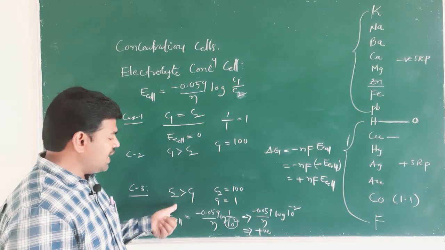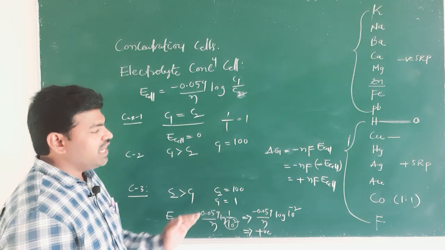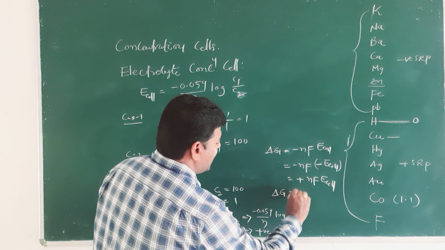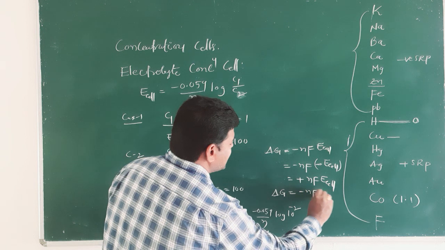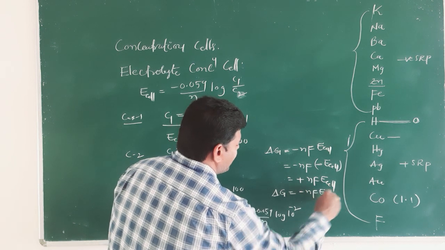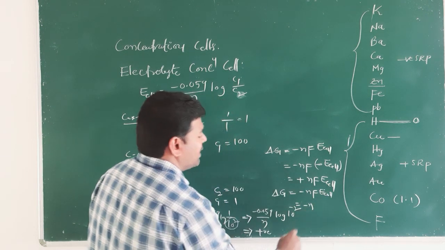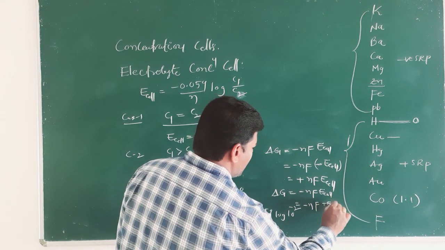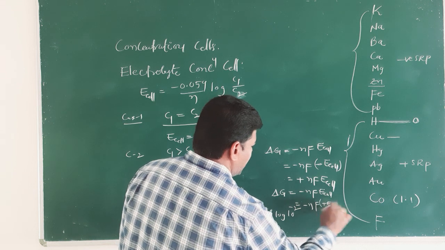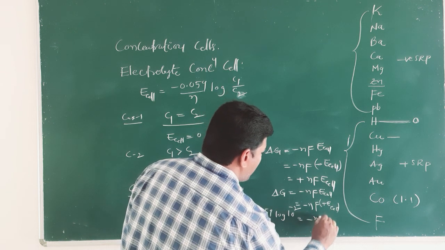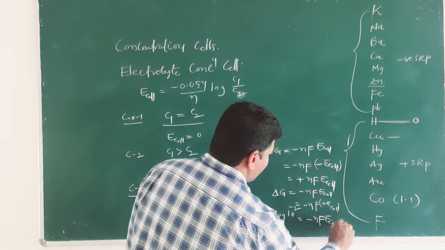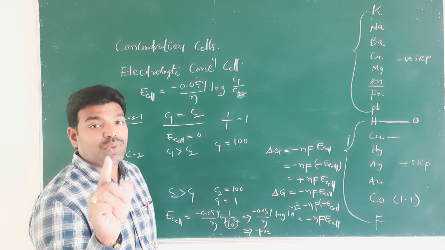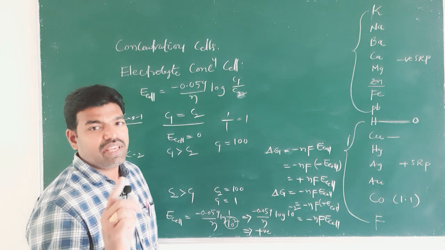When E cell comes out to be positive, what is the change in delta G? Delta G is equal to minus nF E cell. Since E cell is positive, delta G comes out to be a negative value.